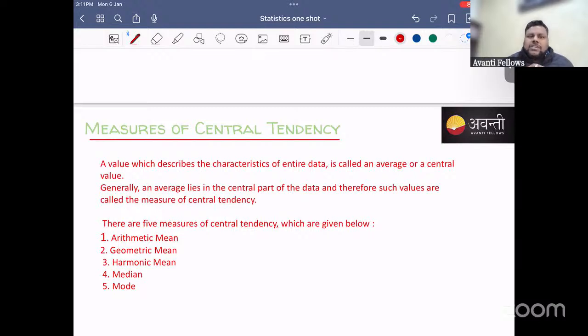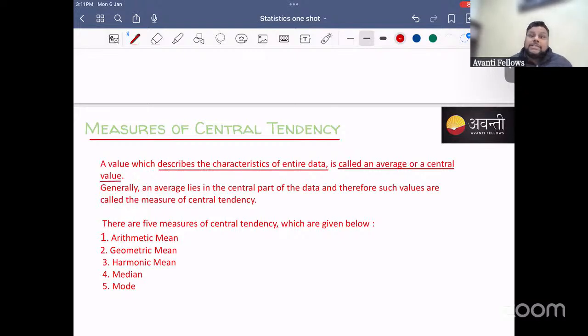So the most used central tendency is average. Got it? A value which describes the characteristic of the entire data is called the average or a central value.